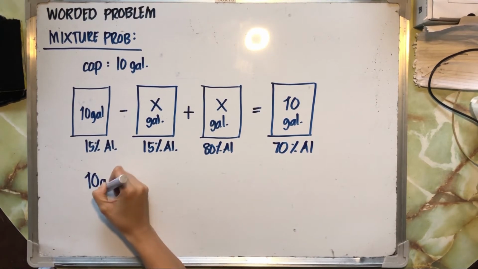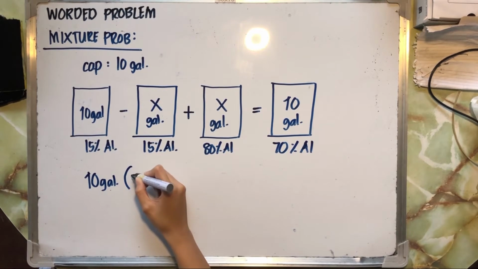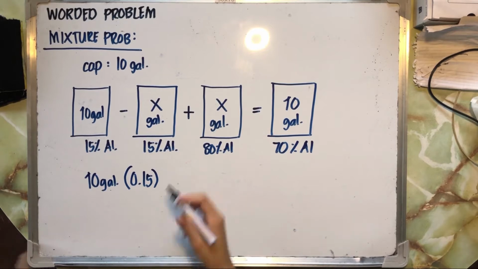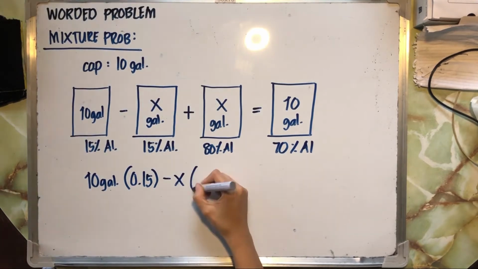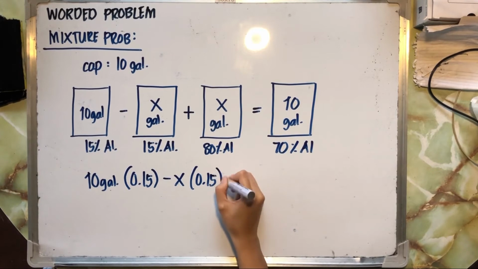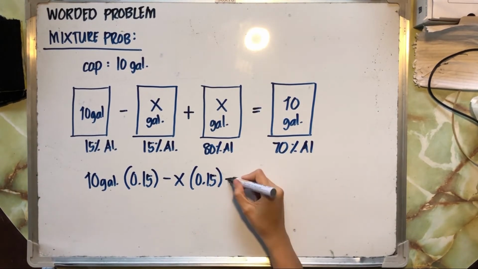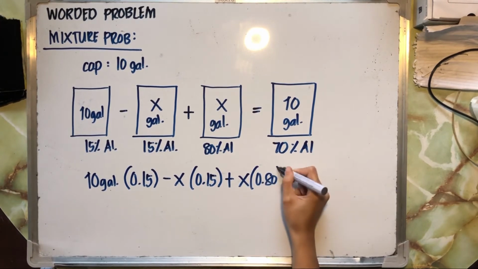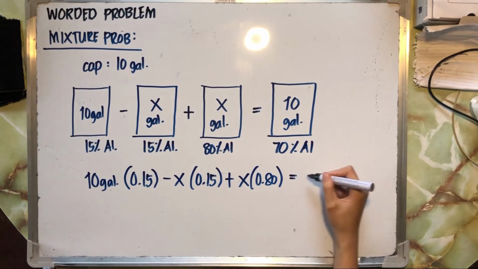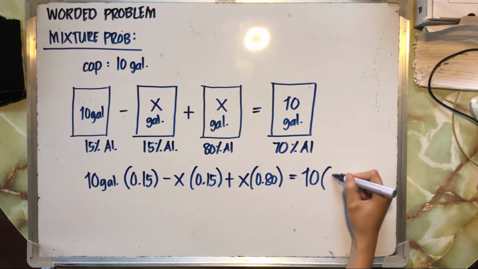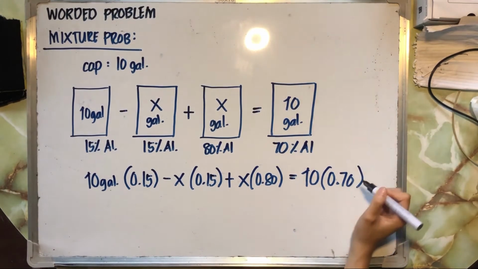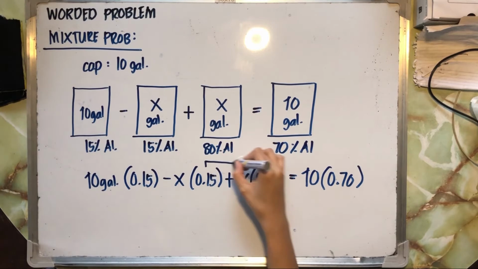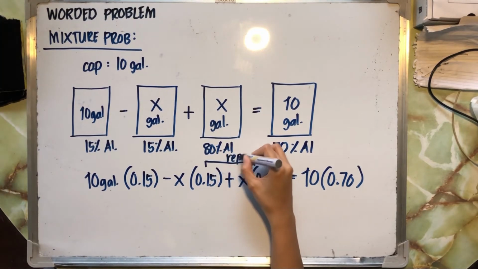So, that would be 10 gallons of 15% alcohol solution, minus X of 15% alcohol solution also, plus X of 0.80 alcohol solution, and that should give us 10 gallons of 0.70 alcohol solution. So, this is the part, guys, where you are replacing.